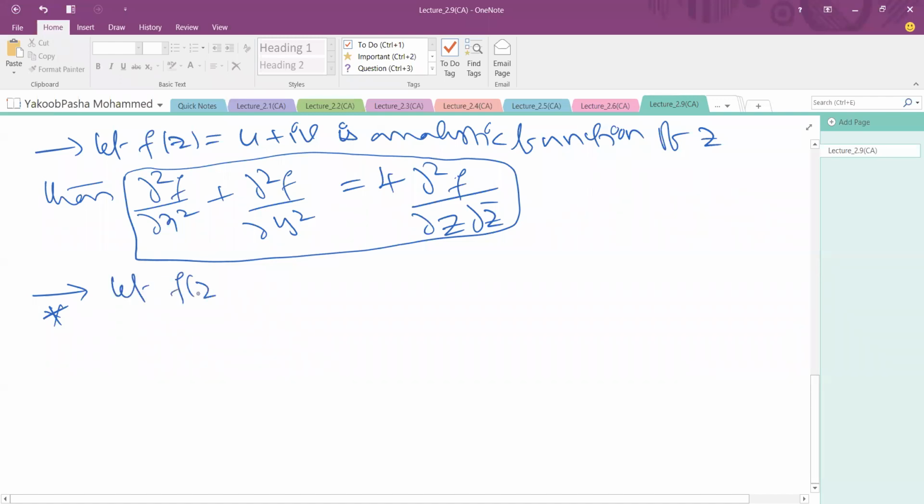f of z is equal to u plus i into v is an analytic function.